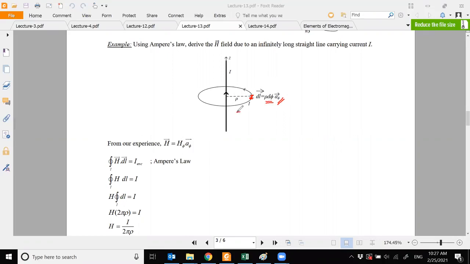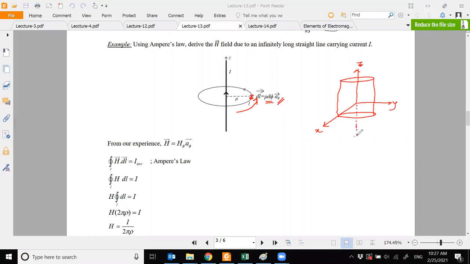So direction means I'm moving in this direction. And what is this direction in cylindrical coordinates? Does anybody remember? Yes, Mr. Abdul Majid, can you help me? What will be the a phi direction in cylindrical coordinates?